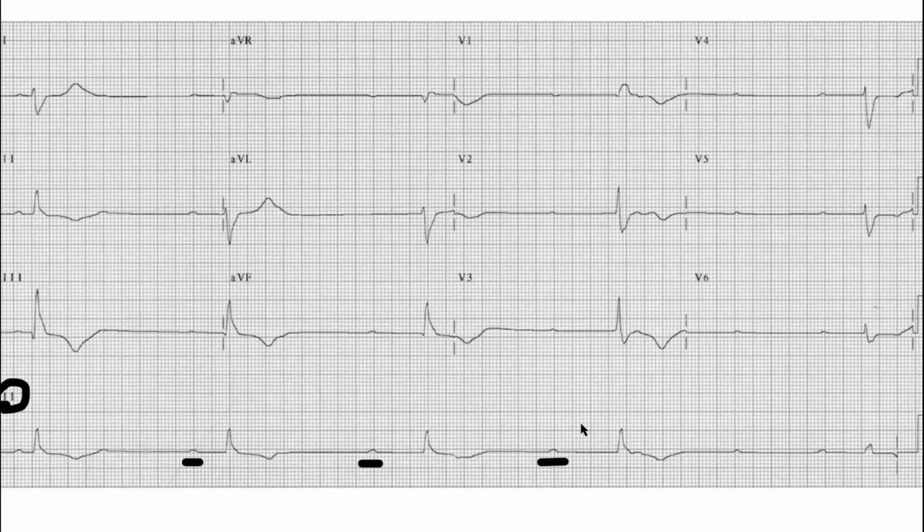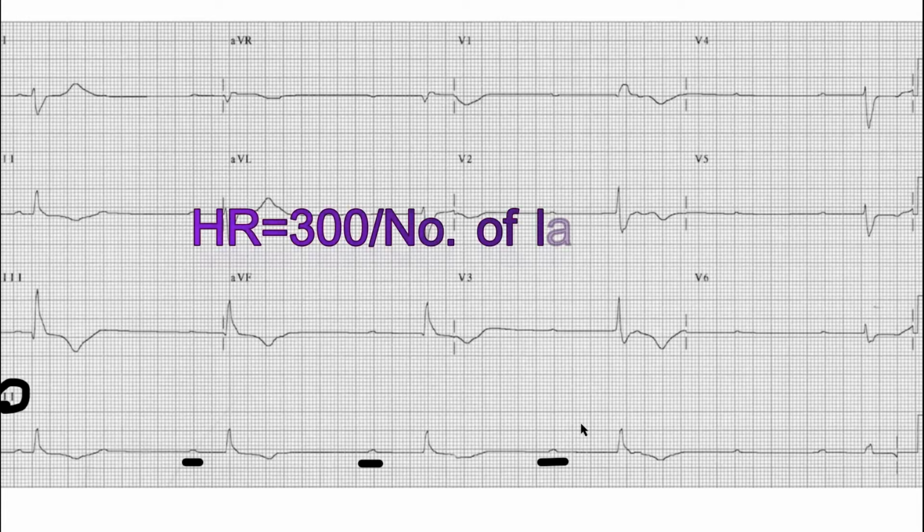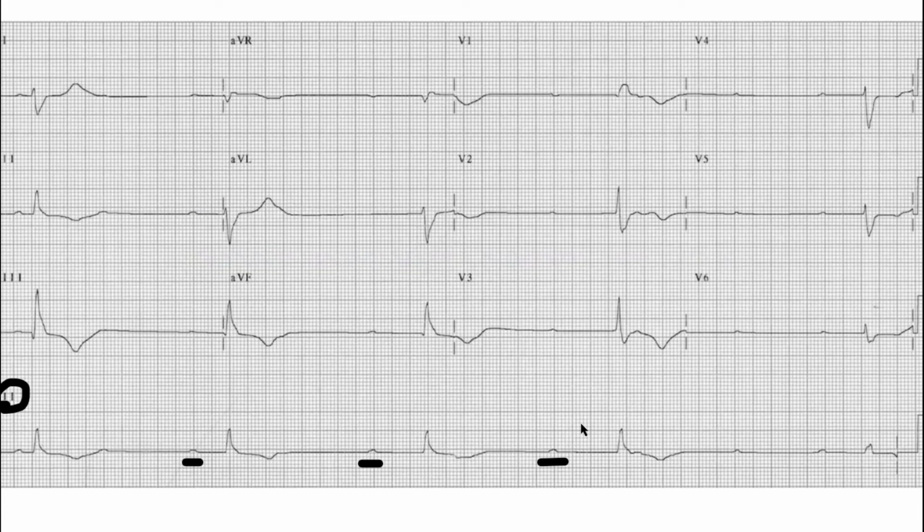Next is heart rate. For heart rate there are multiple formulas. Here we will use the formula 300 divided by the number of large boxes between two R-R complexes. We will select these two QRS complexes and calculate the number of large boxes between them.